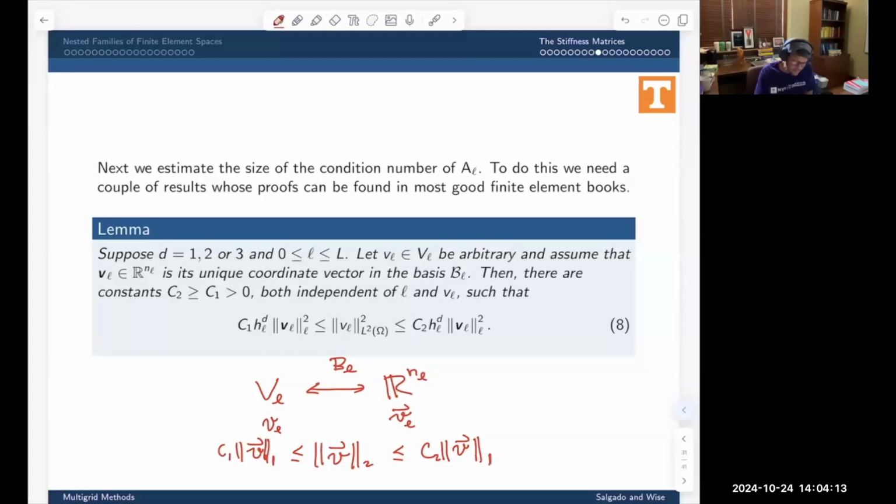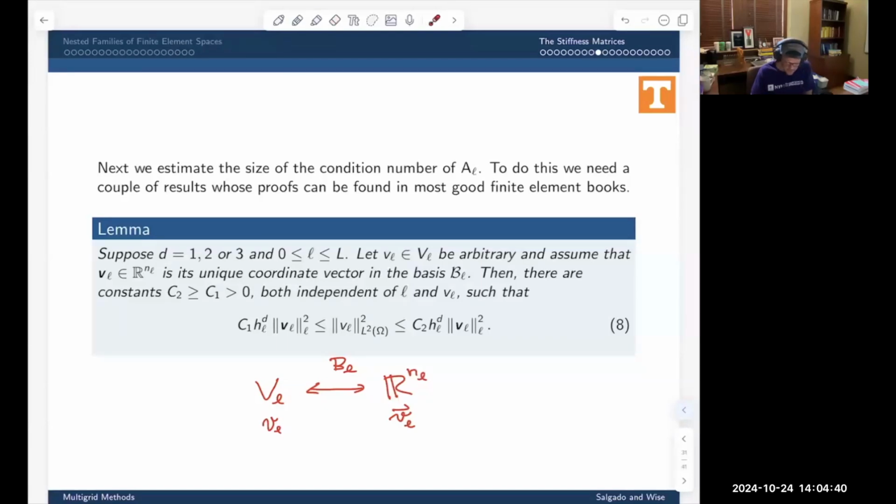Or we could have infinity norm here, right? That might be a little less confusing. Okay, the max norm. But in any case, we know that all vector norms on Rn are equivalent to each other. But what you may not have heard before is that on a finite dimensional space, all norms are equivalent, no matter what that space is.